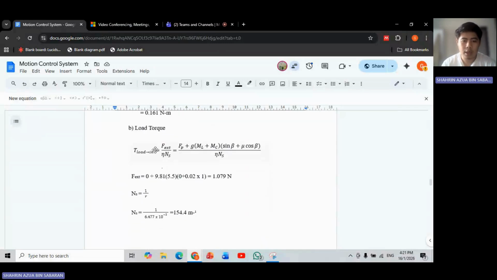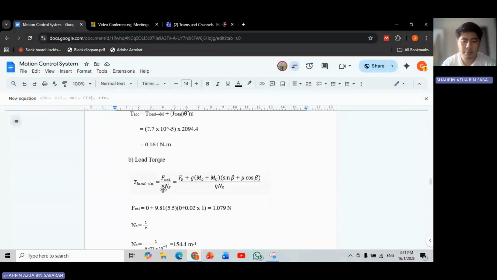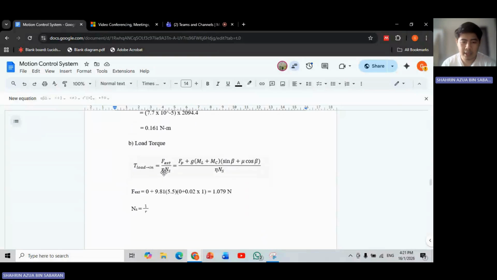For load torque, the formula is F_ext over mechanical efficiency times speed conversion. To get F_ext, the formula is applied force plus gravity times load mass and mass conversion times sine of the angle, plus coefficient of friction times cosine of the angle.